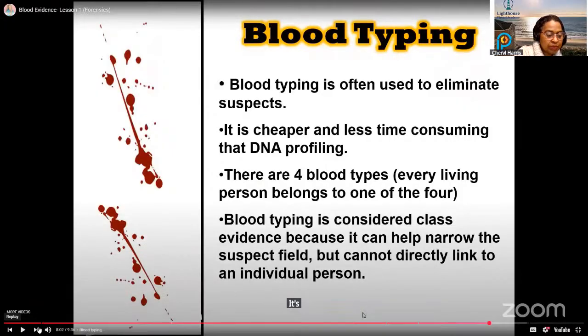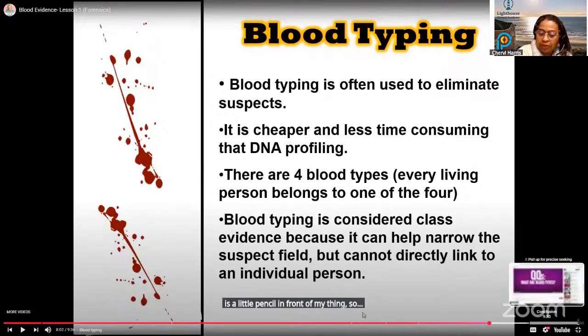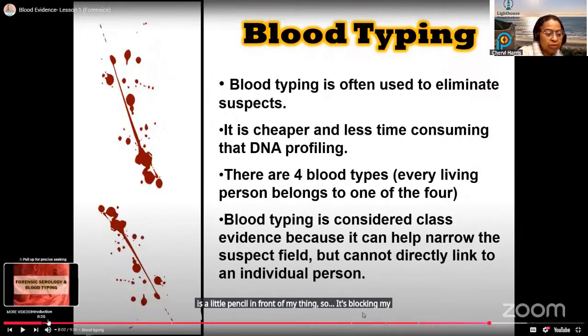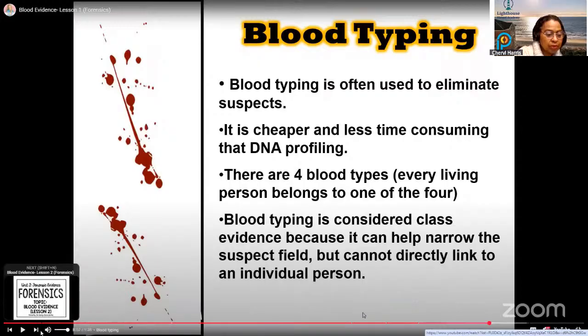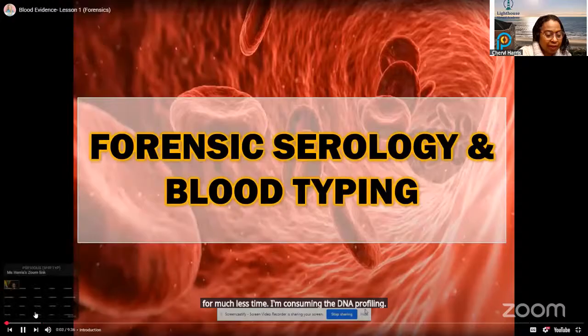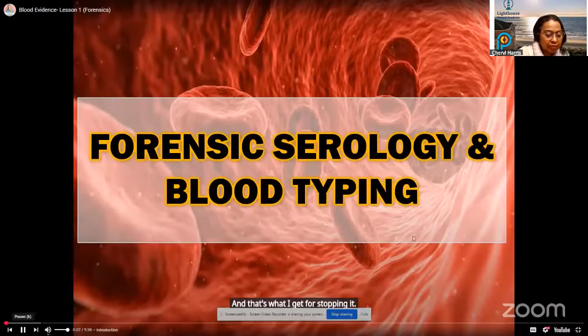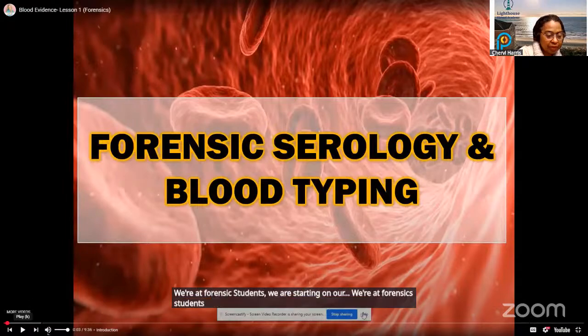There's a little pencil in front of my thing, so it's blocking my ability to. All right, forensic students, we are starting.